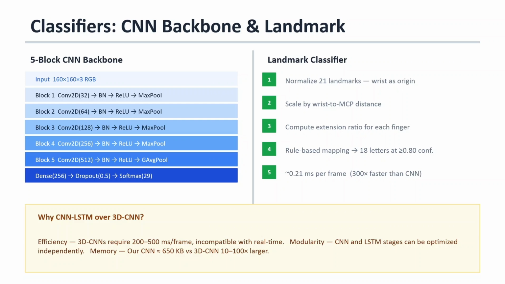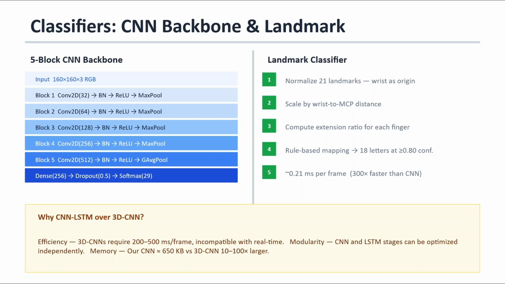Below 0.85, curled. Those 5 finger states get matched to ASL letters using handcrafted rules. The results: 0.21 milliseconds per frame, over 300 times faster than the CNN. It confidently handles about 18 letters. The CNN covers the ambiguous rest.